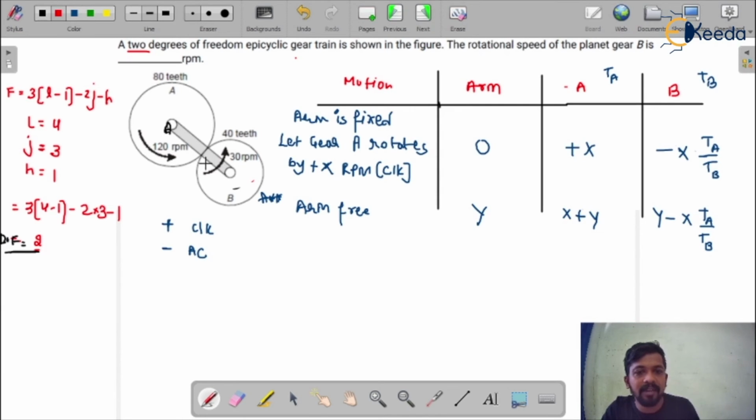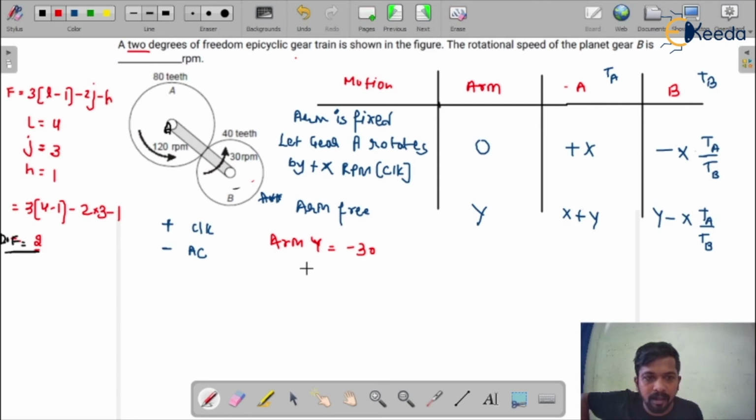The arm is rotating with 30 rpm in the anti-clockwise direction is given. Because it is anti-clockwise direction, and we have assumed minus sign as anti-clockwise. So I am writing here what is given, that the speed of the arm y is 30 rpm, but in anti-clockwise direction, that is minus 30. Yes or no?